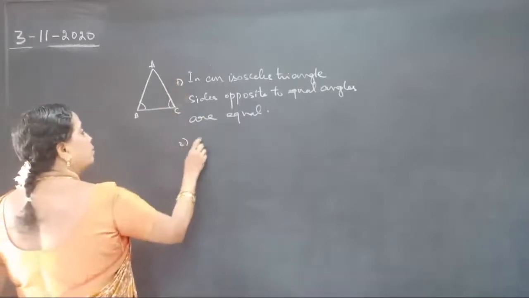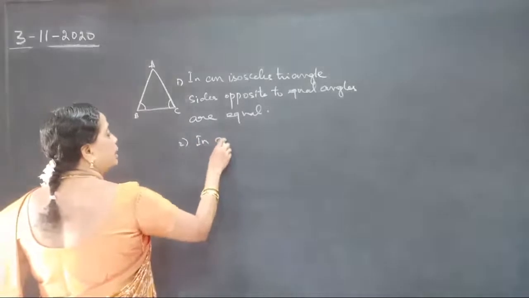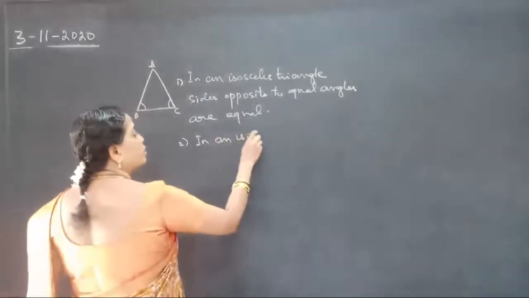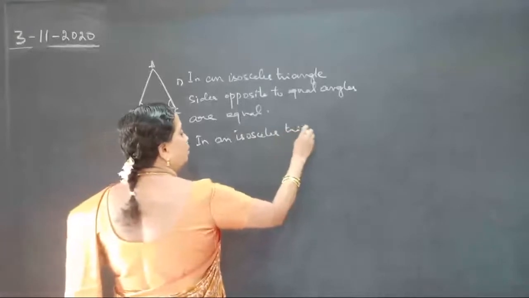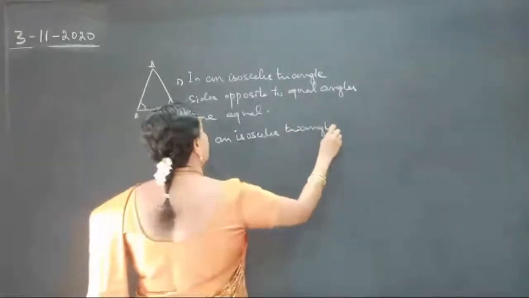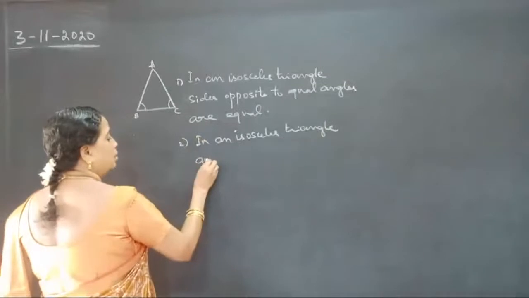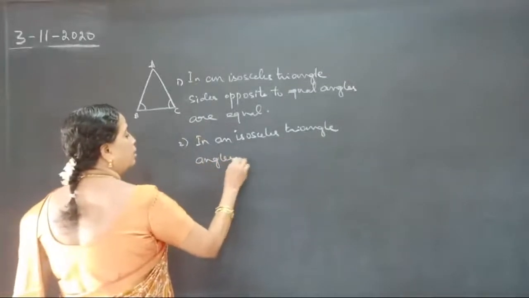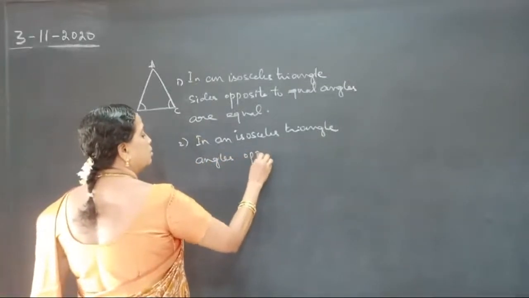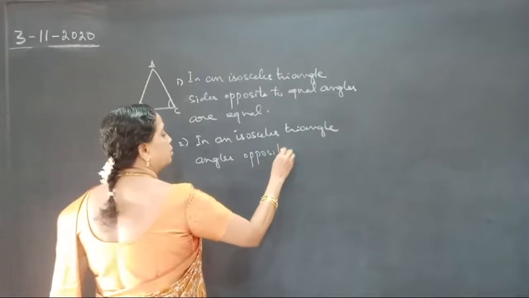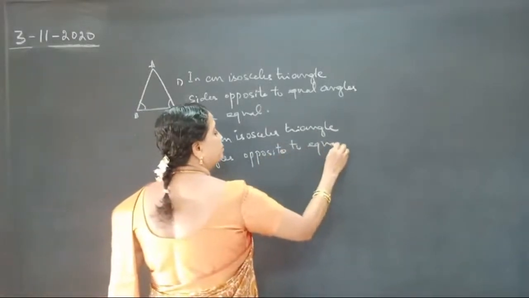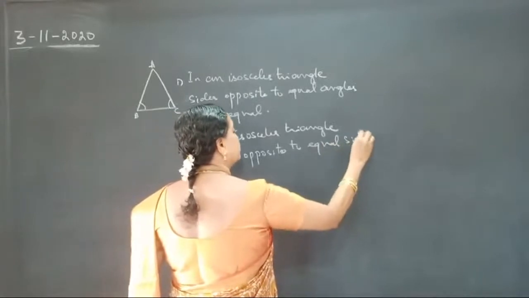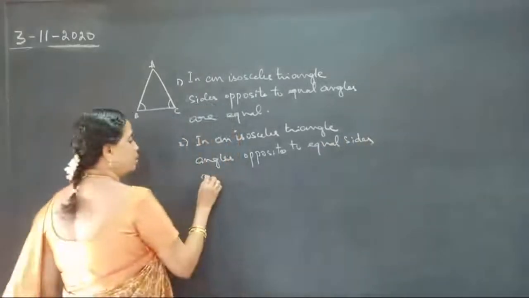Second property: in an isosceles triangle, angles opposite to equal sides are equal.